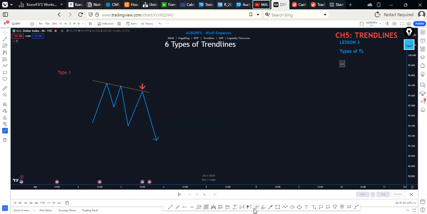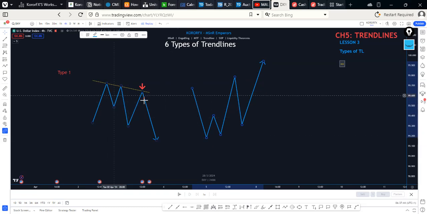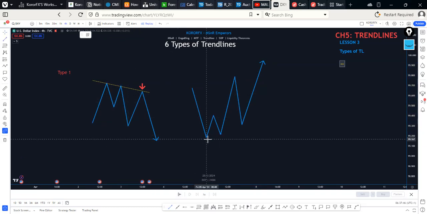So there is an opposite one of this one, all right? Same like this type 1, price continues down and then tries to reverse, right? And when price starts to reverse, it comes back to that level and then buys off, which will be the opposite one of the previous one.